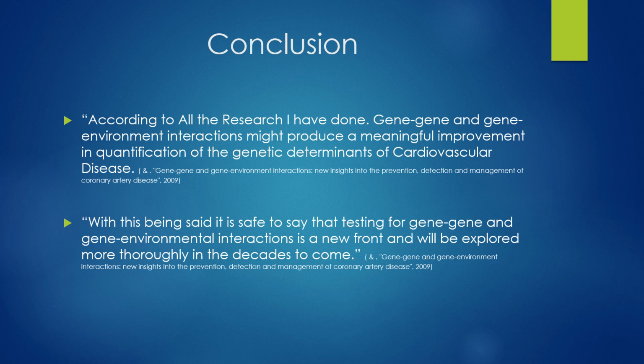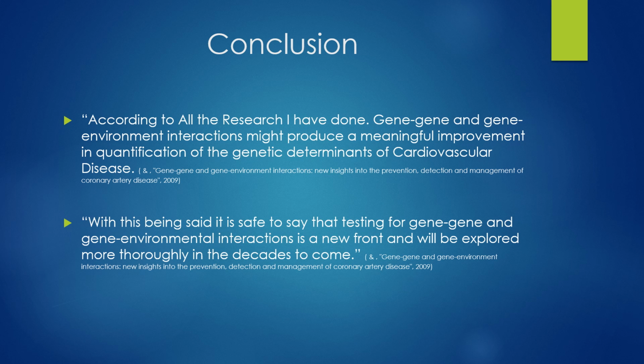So what I think is important, according to all the research I've done, is that gene on gene and gene on environment interactions might produce a meaningful improvement in quantification of the genetic determinants of cardiovascular disease.